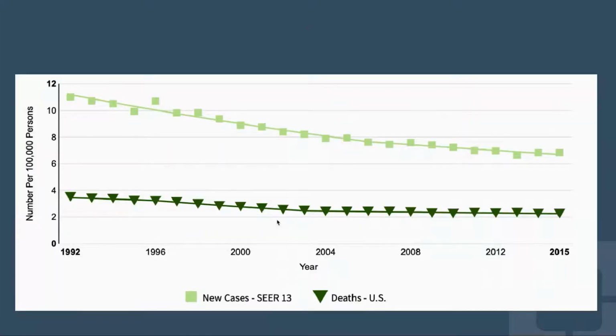But as you can see, this is SEER data leading up to 2015, and you can see that with appropriate screening, new cases dropped from 11 per 100,000 to about 7 per 100,000. Pretty good drop, and we can see the death rate has dropped from just under 4 to just above 2 per 100,000 in the U.S.